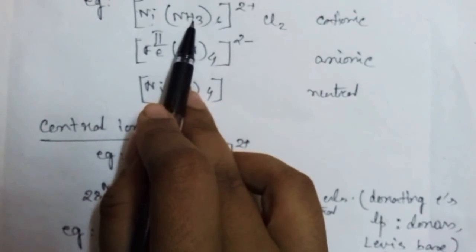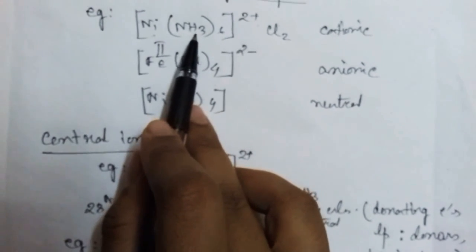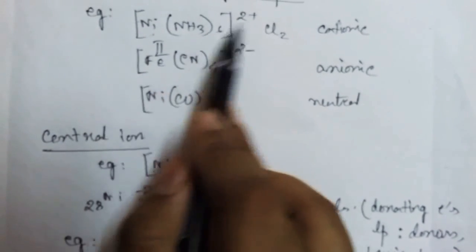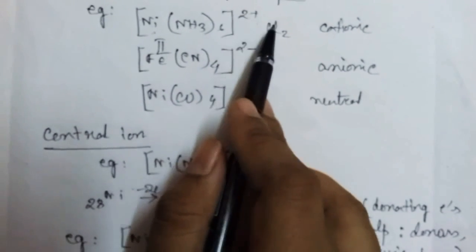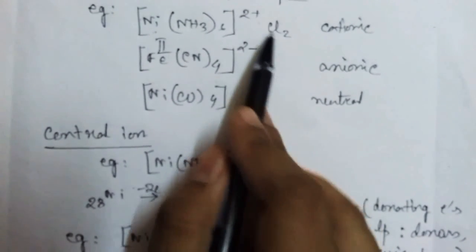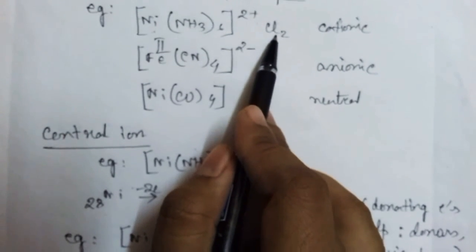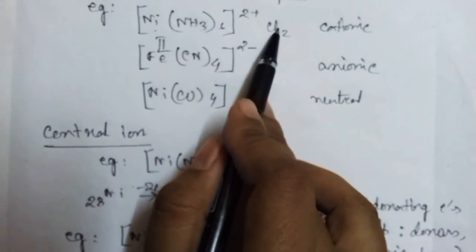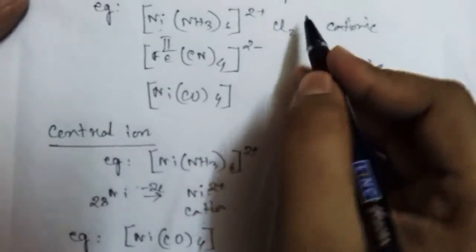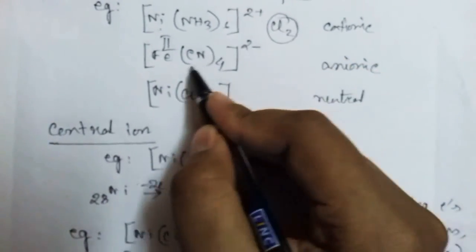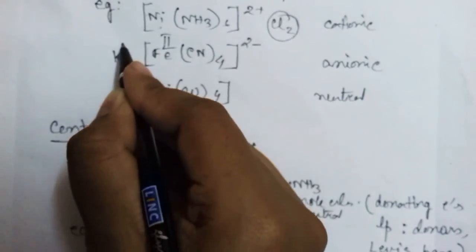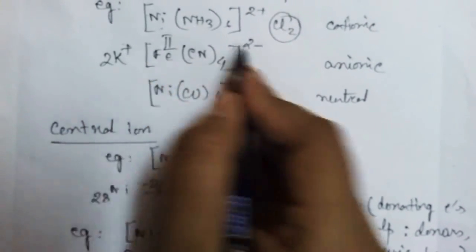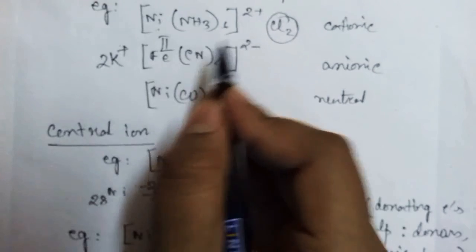Okay, so outside the coordination entity, to maintain the charge, we will have another type of ions. Here 2 chloride ions are outside the coordination entity, right. So these chloride, or if we want to put something 2 plus, hence if K plus is given, 2 K plus will be here to maintain the balance, that is potassium ferrocyanide.